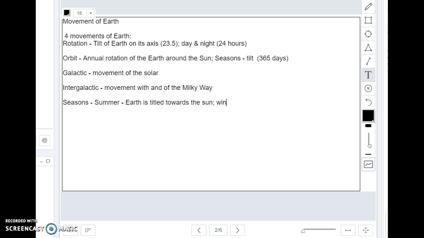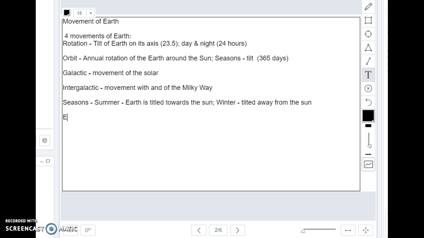If we're talking about winter, that portion of the Earth is tilted away from the sun. All right.